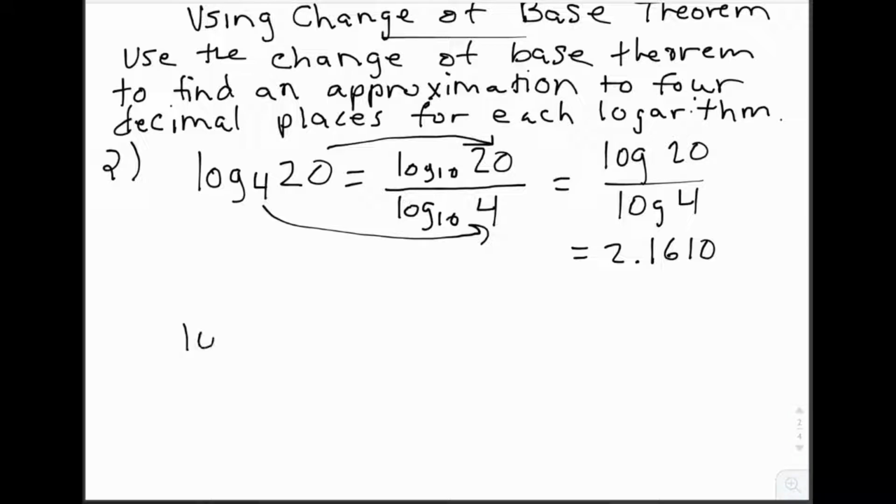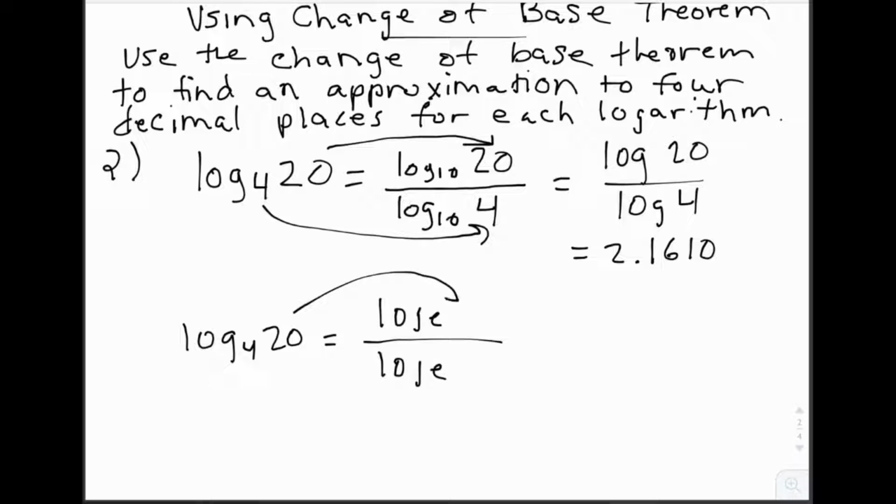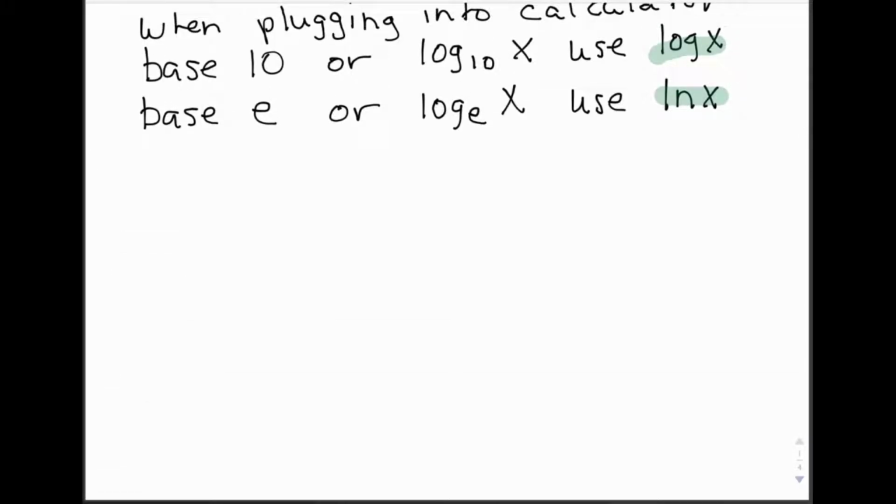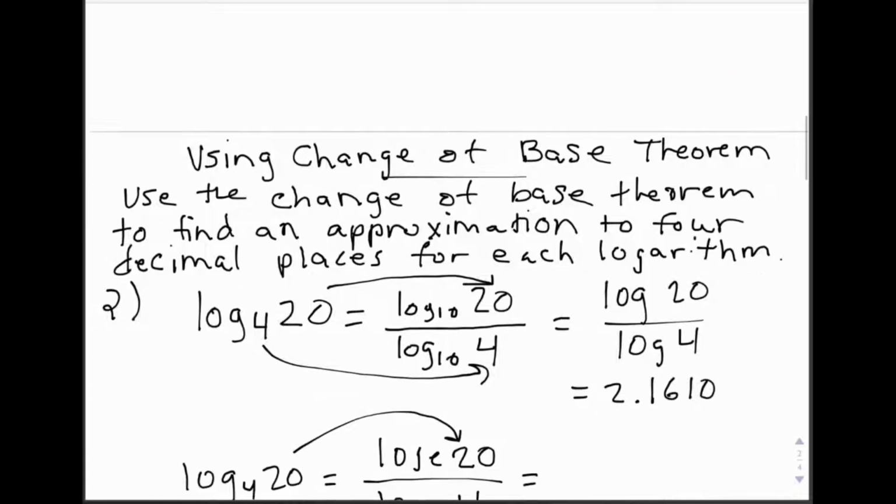We could do the same thing with the log base of e. So log base 4 of 20, using the change of base theorem, that would be the log base e. And again, the 20 comes on top, and the 4 goes down to the bottom. If we choose the log base e approach, that's going to be the natural log of x button in our calculator.